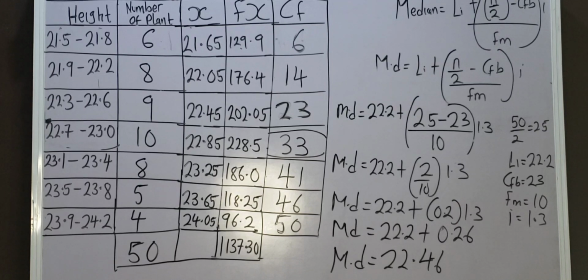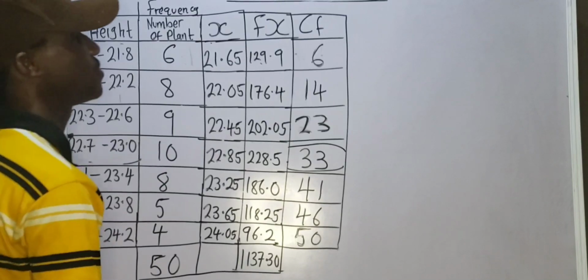Now, having gotten the median, let's proceed to get the mode. What is the first step? The first step is that you have to first write out the formula. The formula will define what you're going to have on your table, okay? So the mode of grouped data is given by this formula.